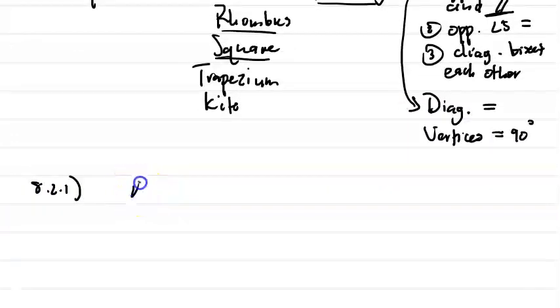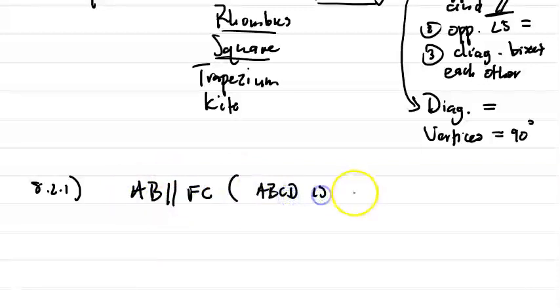So I'm going to say that AB is parallel to FC, and that is because we are given that ABCD is a rectangle, and for a rectangle we know that the opposite sides are parallel.